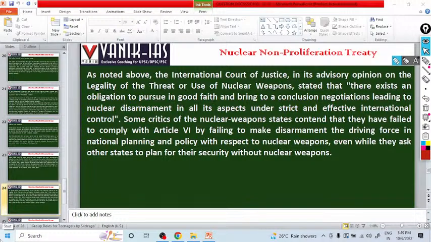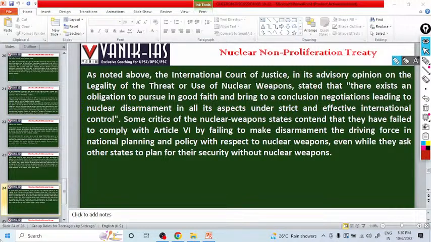Although the nuclear hubs always advise other countries to plan their security without nuclear weapons, they themselves go on adding to their nuclear stockpiling. This is the biggest tragedy in the case of the NPT, for which they have been criticized.